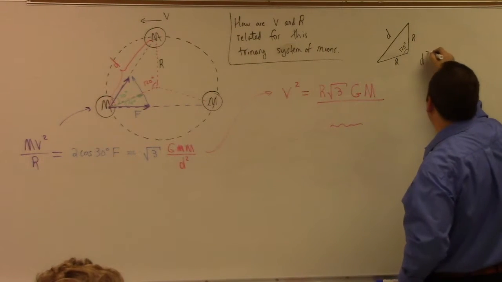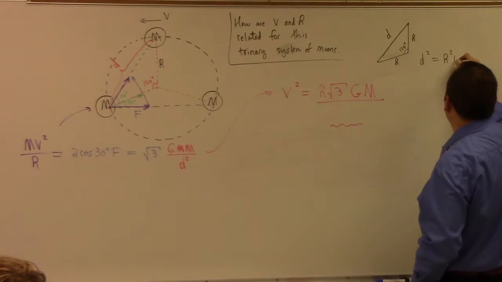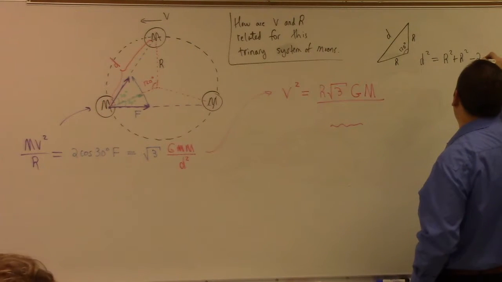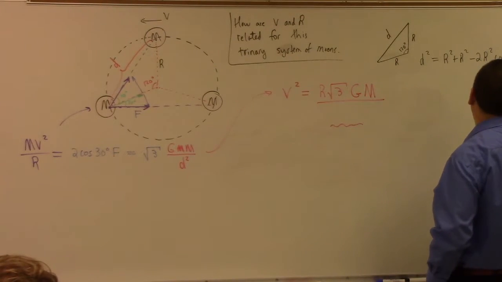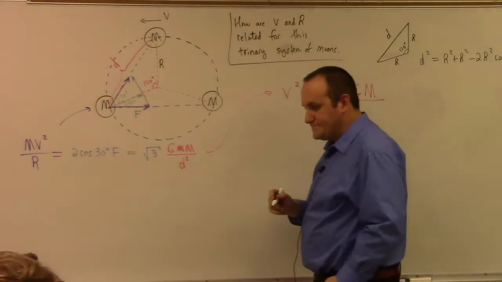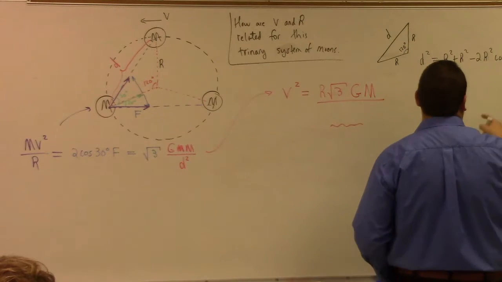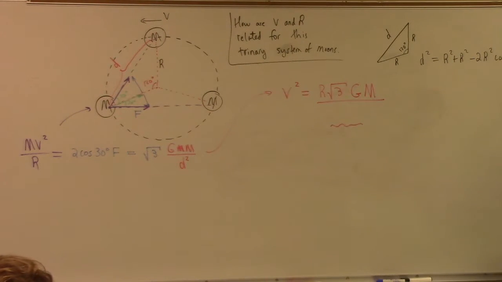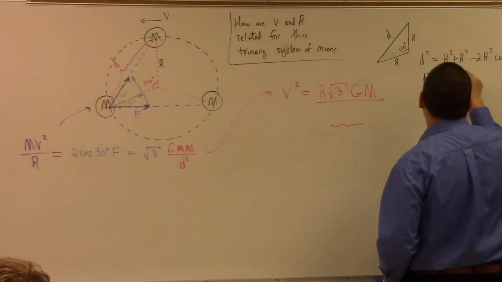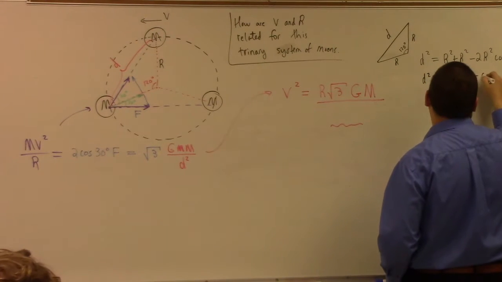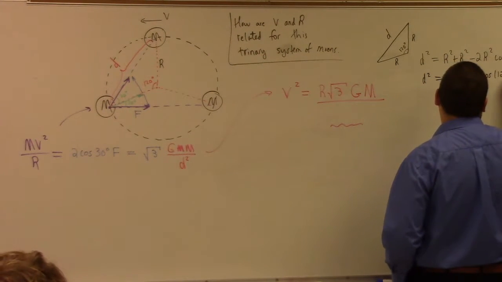So D squared is equal to R squared plus R squared minus 2R squared cosine of 120 degrees. Law of cosines. And this is usually 0 because we've got 90 degrees. So 2R squared times 1 minus the cosine of 120, whatever that is.